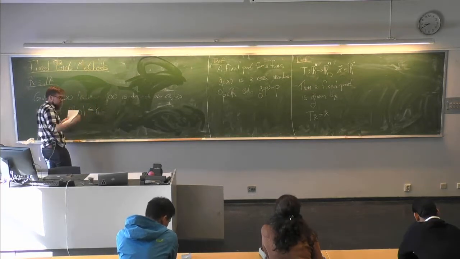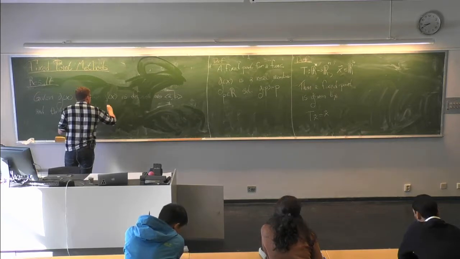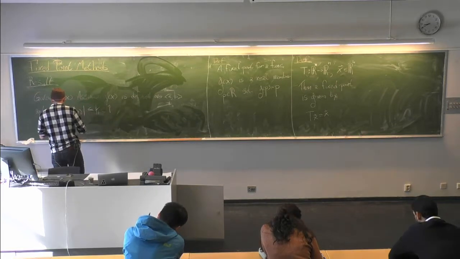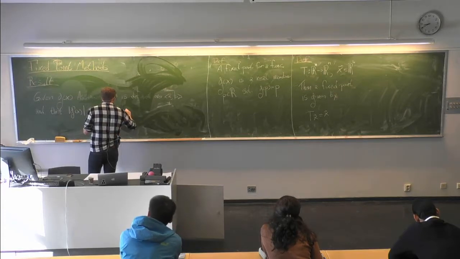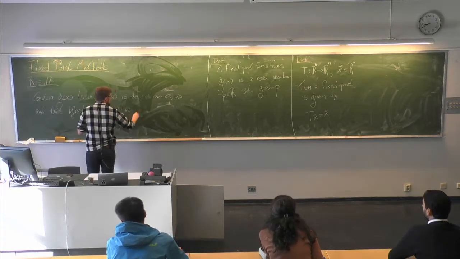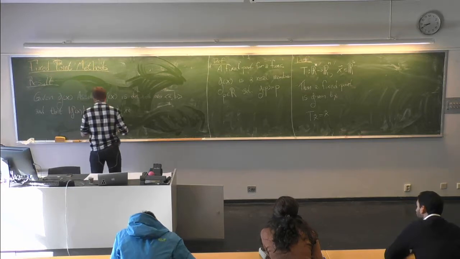It's just a random number, but this number has to be less than 1. And then again, for all the x's inside this interval AB.